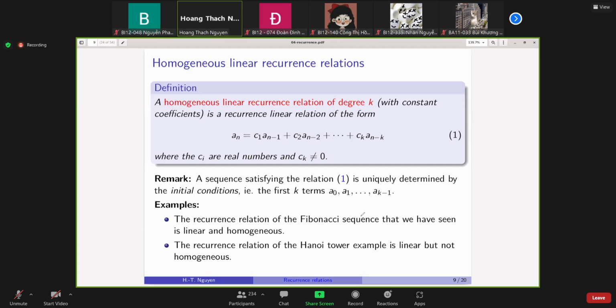Let's say that you have the Fibonacci sequence, right? You know that you have this relation: f_n is the sum of f_{n-1} and f_{n-2}, and you know that f_0 is 0, f_1 is this one.